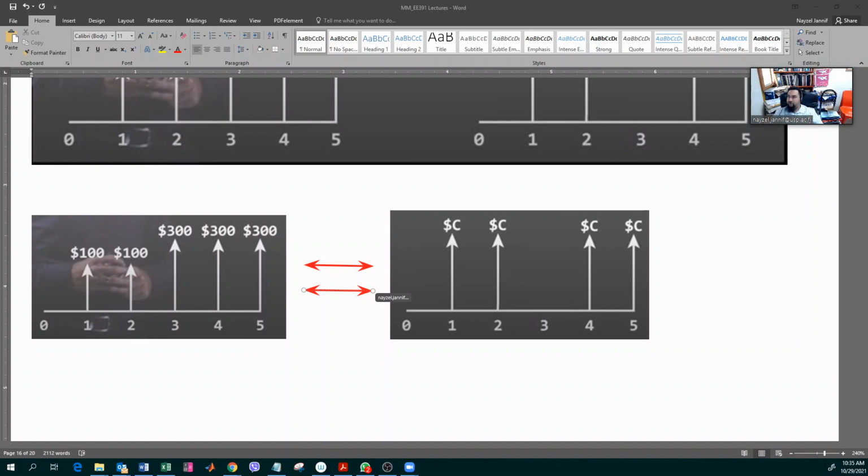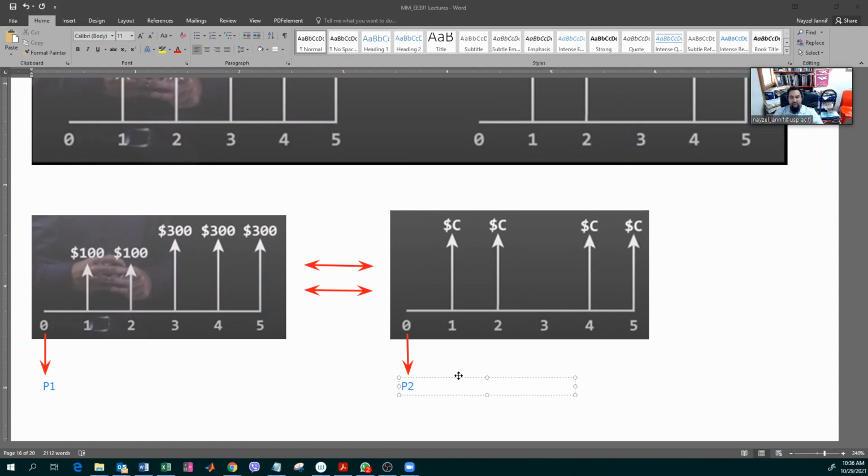Now, this is the true concept over here. We can do it two ways. Let's project this scenario here to present value and this scenario here to present value. Let's call the left hand side P1 and the right hand side P2.